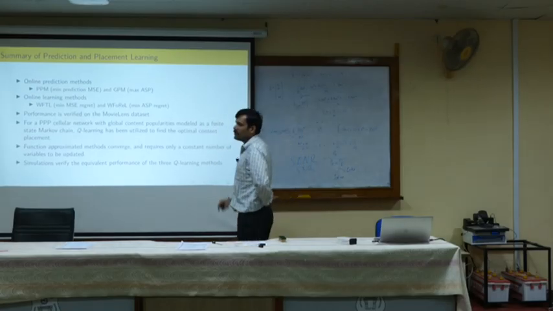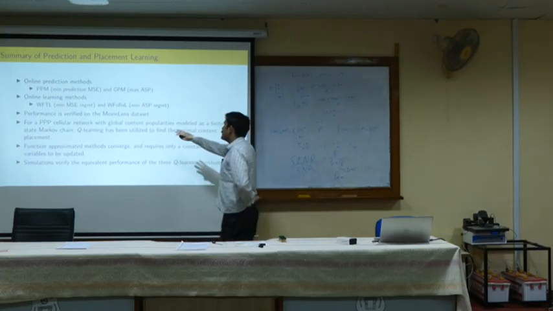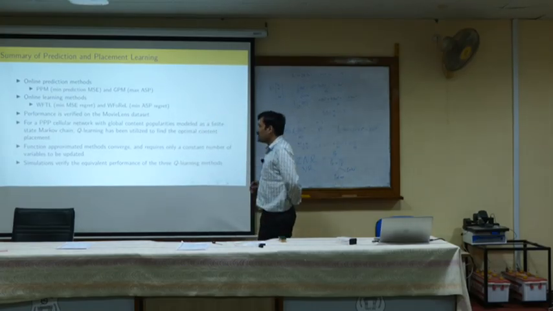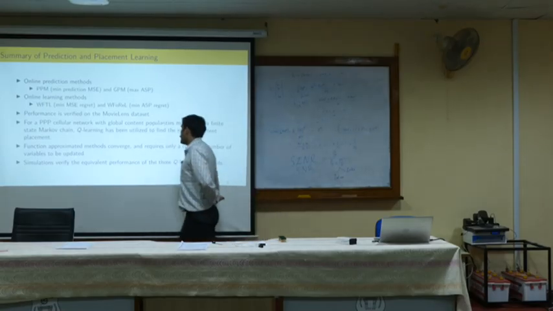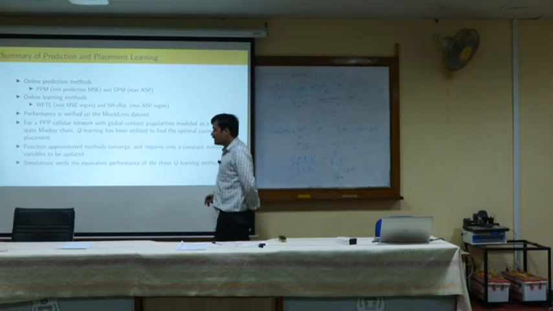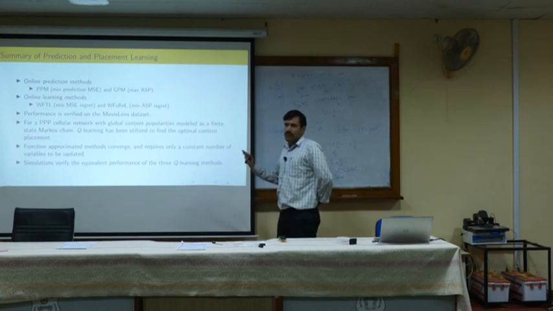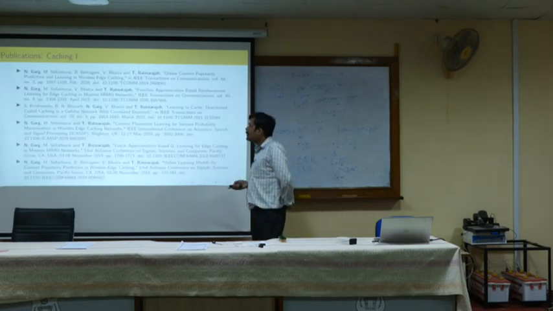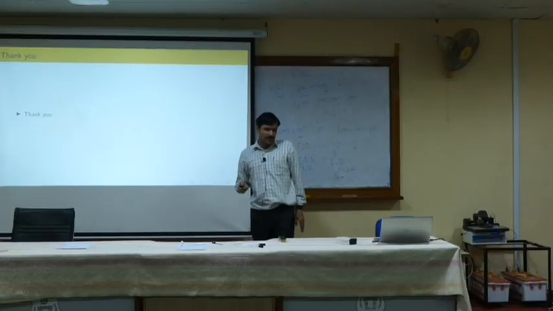We verified the performance on the MovieLens dataset. And for a PPP cellular network with a content popularity model as a finite Markov chain, we have used Q-learning. We have seen function approximation methods which converge and require a constant number of variables to be updated. And we have also verified the performance of all of them. So these are some papers. Thank you.